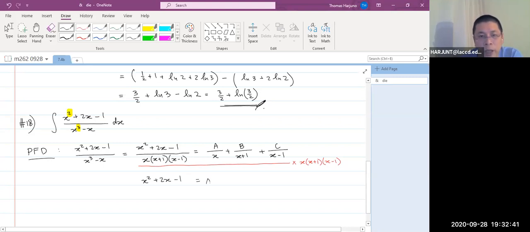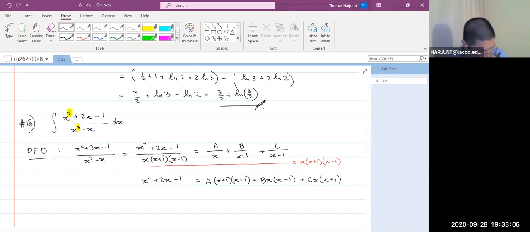And this will be a times x plus 1, x minus 1, plus b times x minus 1, plus c times x plus 1.